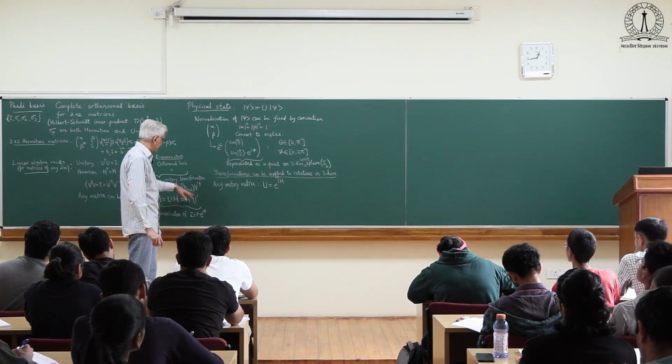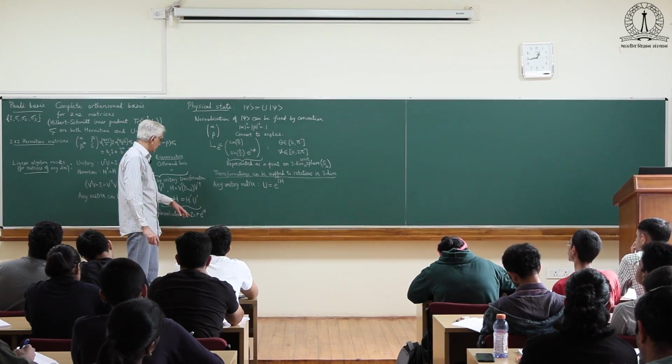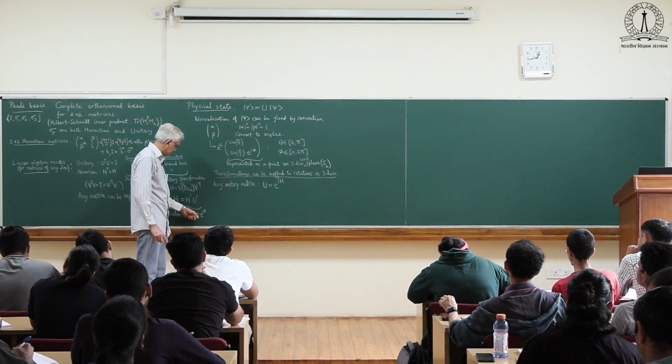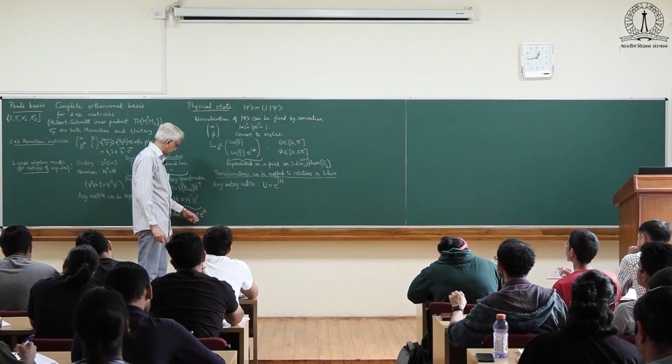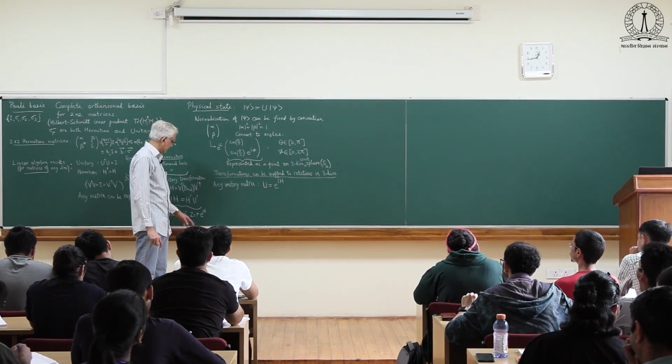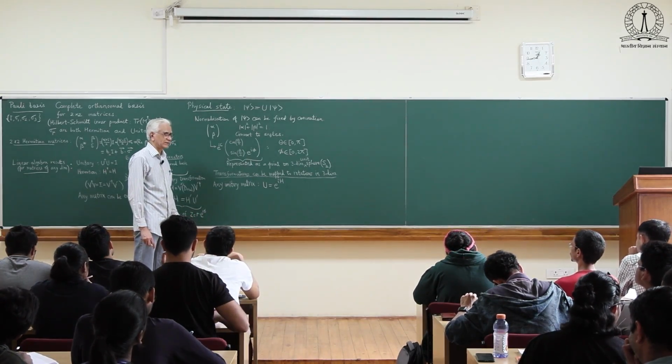It follows from this notation, because the matrix is unitary, this magnitude is going to be 1, and what remains is only the phase.